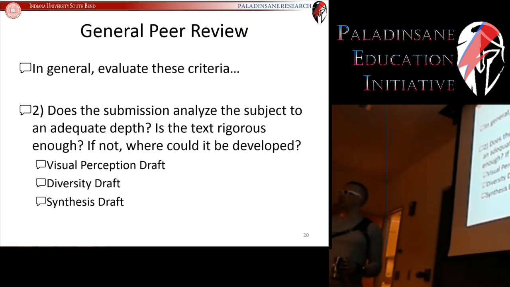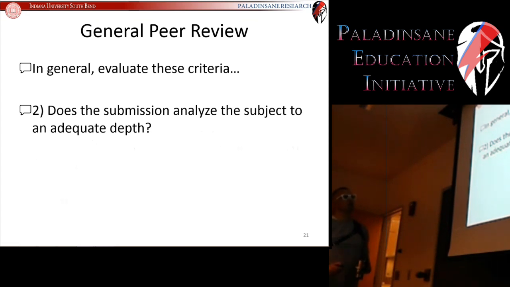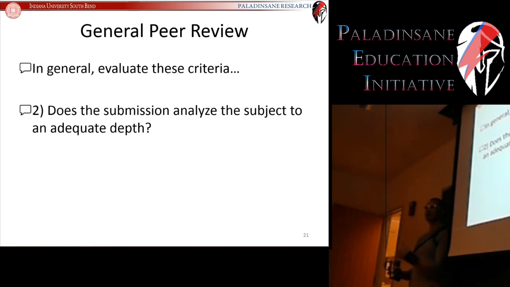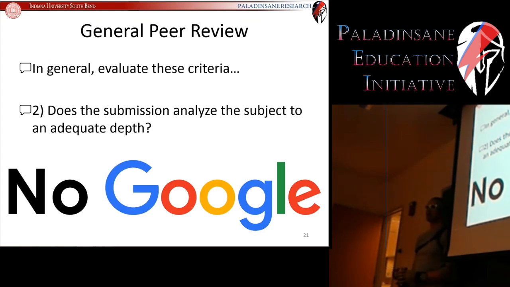Basically, if you're confused in a section, that section is not written well enough, it's not rigorous enough, or it's not at adequate depth. One easy way to know if the subject is written about in enough depth: if you, as an intelligent person, read the information and you have to go to Google, then it's not adequate depth. Your drafts should not require your reader to Google anything.